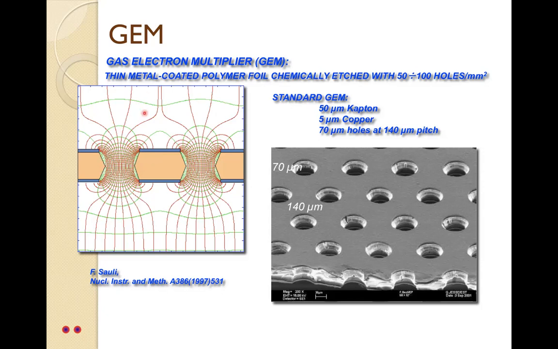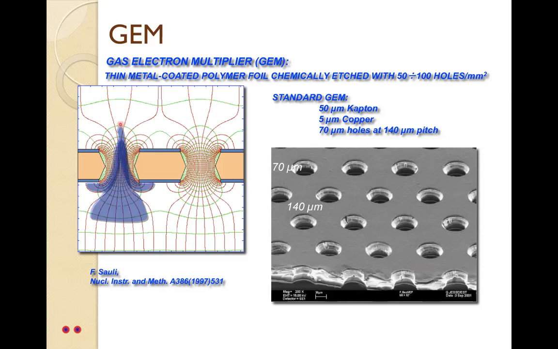So the electrons produced here are called primary electrons, and the electrons which cross this GEM part and try to go here, there will be an avalanche and the electron number will be multiplied. That's why this is called gas electron multiplier. So gas is here, and electrons are multiplied inside the hole. Now, this is the trajectory of electrons.